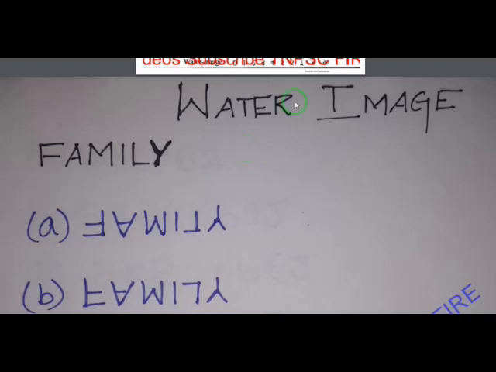You take one sheet and write the word they give. Here, assume the word is family. In the examination they will give a rough sheet, so take one rough sheet and first write whatever they give. Write the word family on that white sheet.